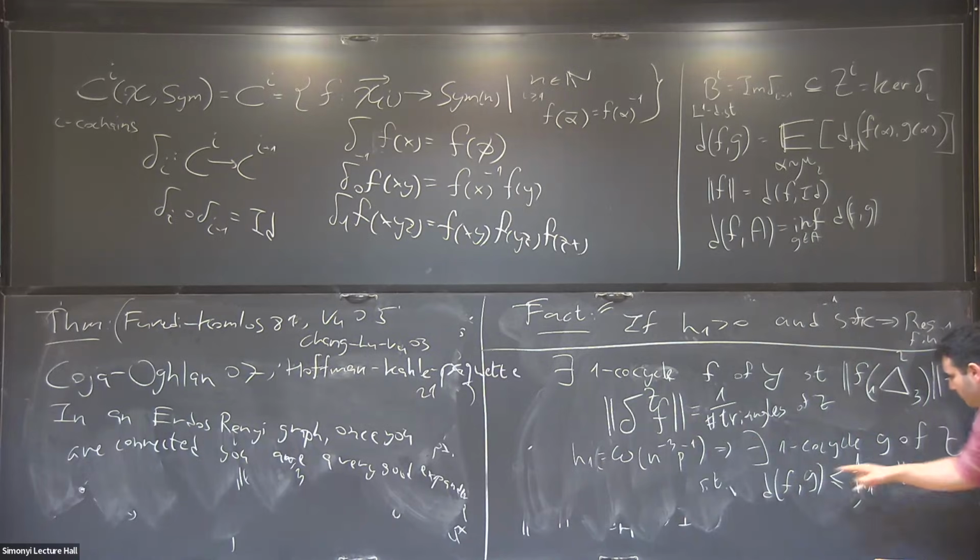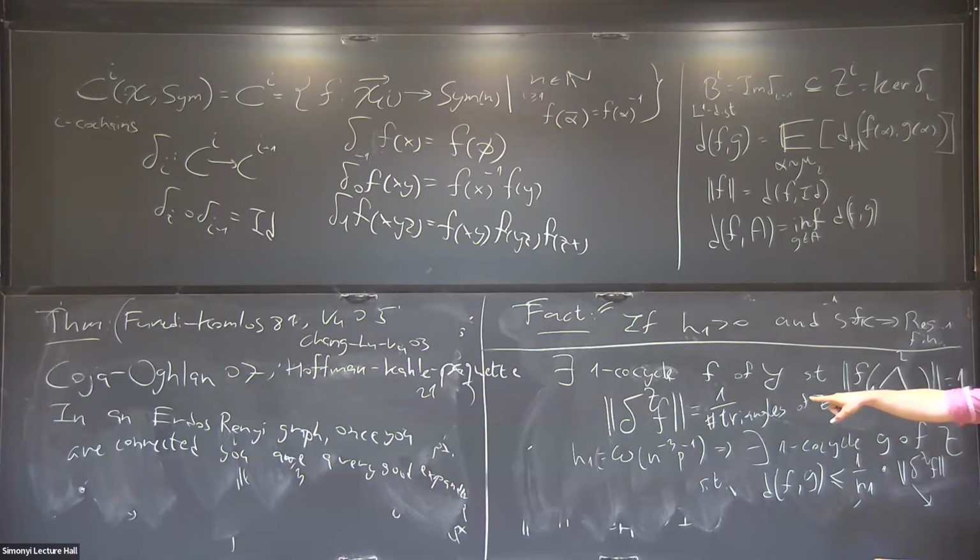Okay, so the distance between F and G is bounded by 1 over H1 times delta Z of F. It's like that. But this tends to 0 because this is a little omega. This whole thing tends to 0 when n tends to infinity.